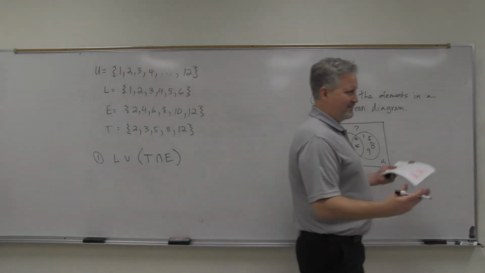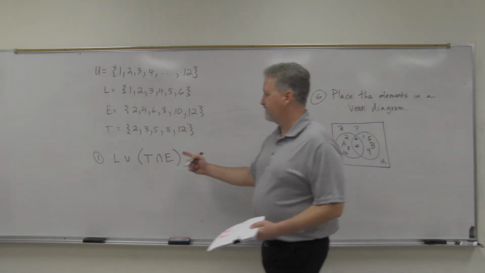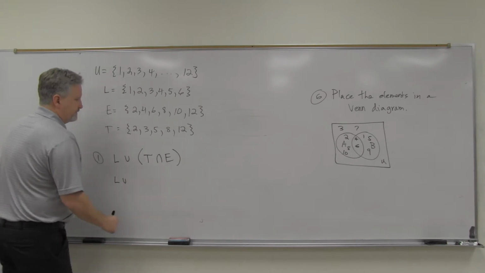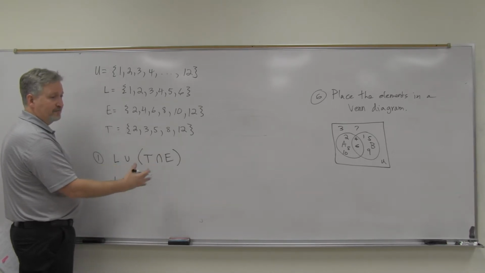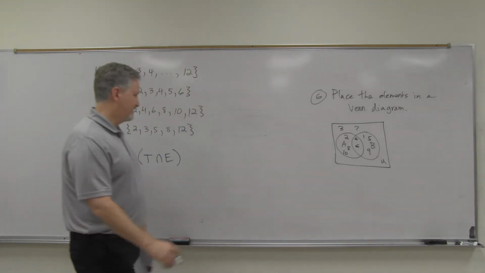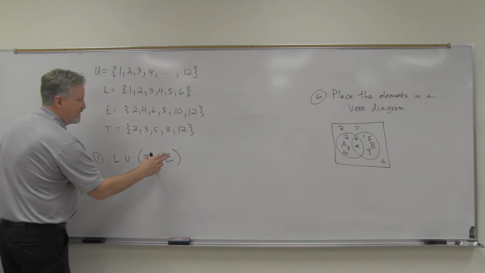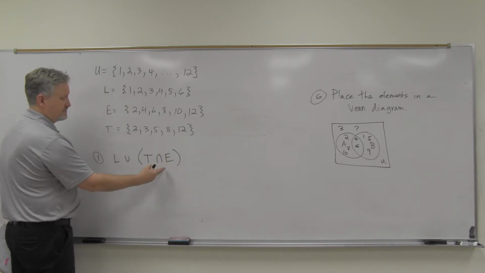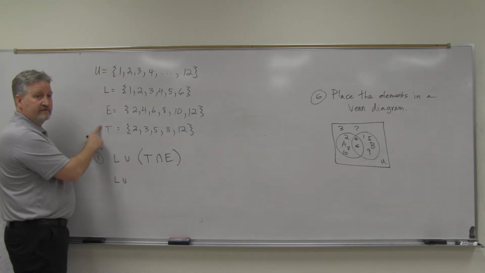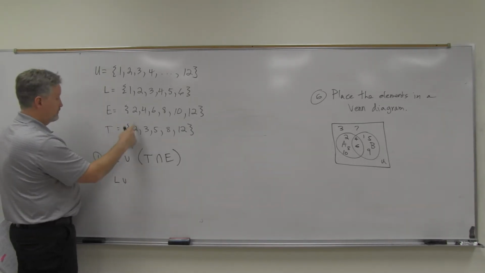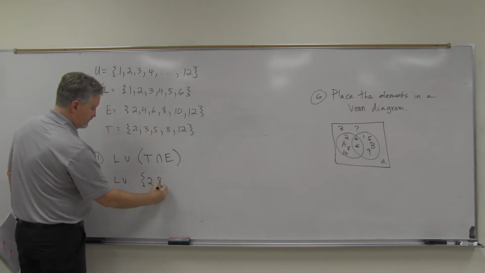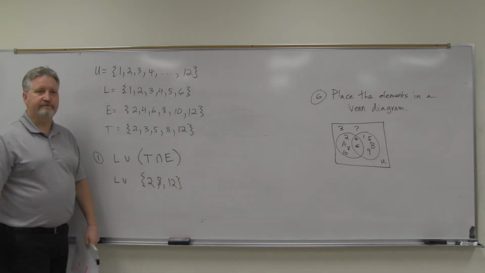Well, we've already talked about parentheses first, and so we would go with T intersection E. Like I said, I would show your work here, for test purposes, partial credit. I kind of know what you tried here, if you missed it. So I do T intersection E. Intersection's what they have in common. So what do T and E have in common? 2 and 8 and 12. Okay? 2, 8, and 12.